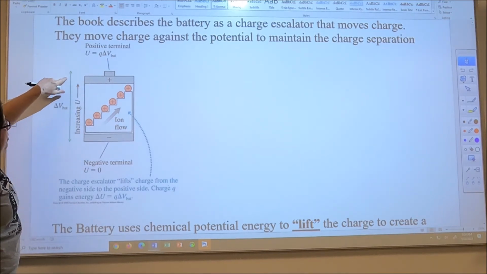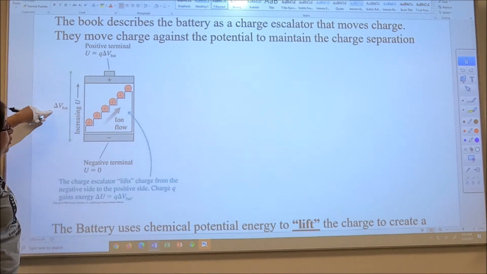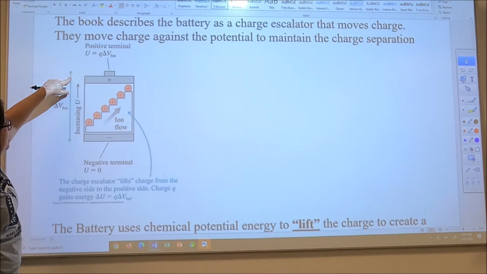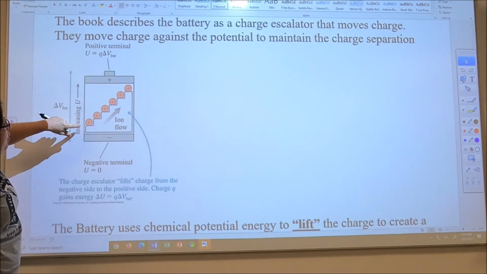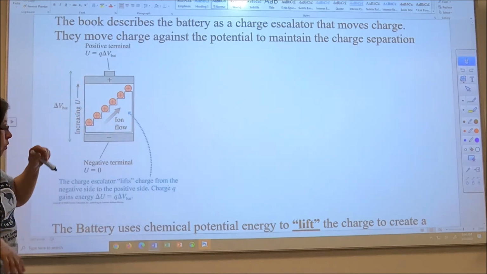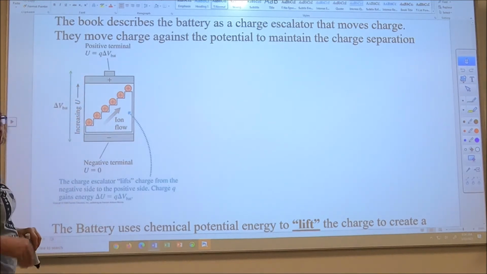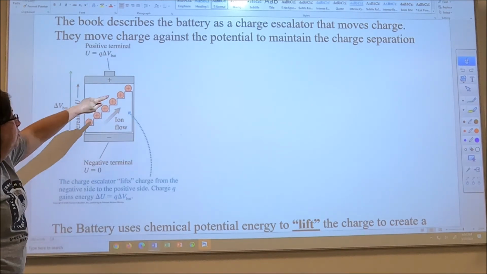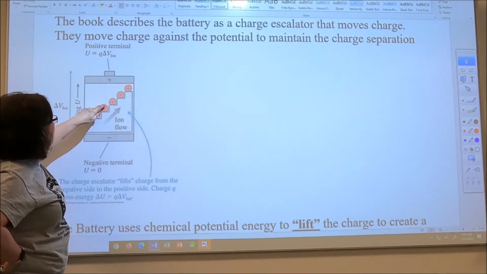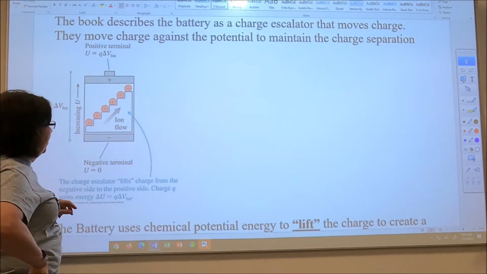The electrical potential, delta V, across the battery has to do with the chemical reaction and how much charge it can, quote unquote, lift. Now guys, in the real world, when we're in chemistry and we're talking about what's really being moved, you can think of it not as positive particles going up, but negative particles coming down.